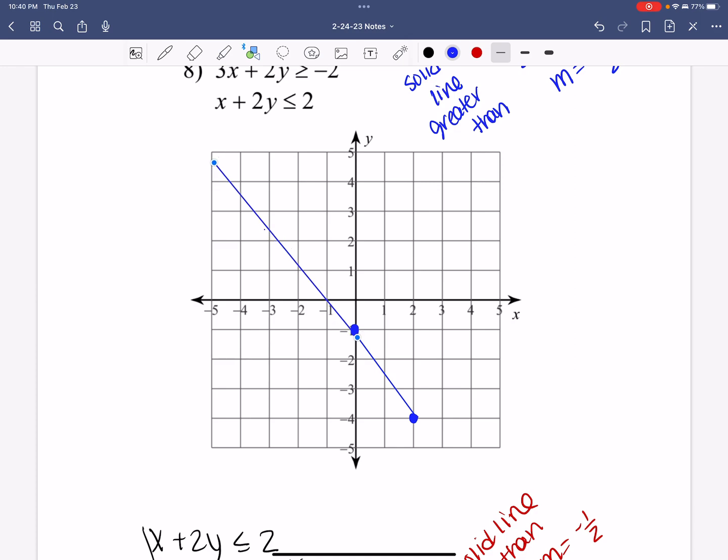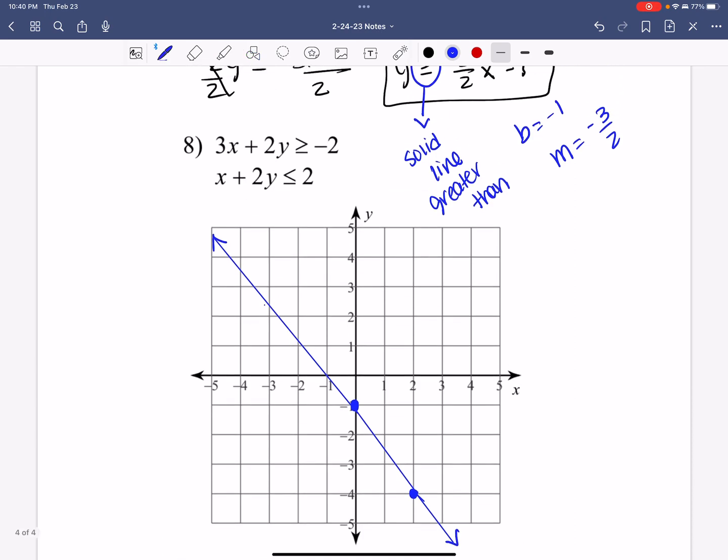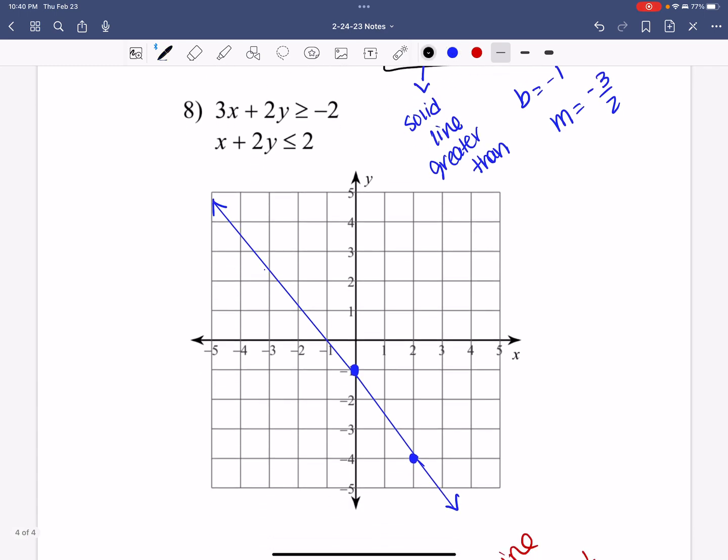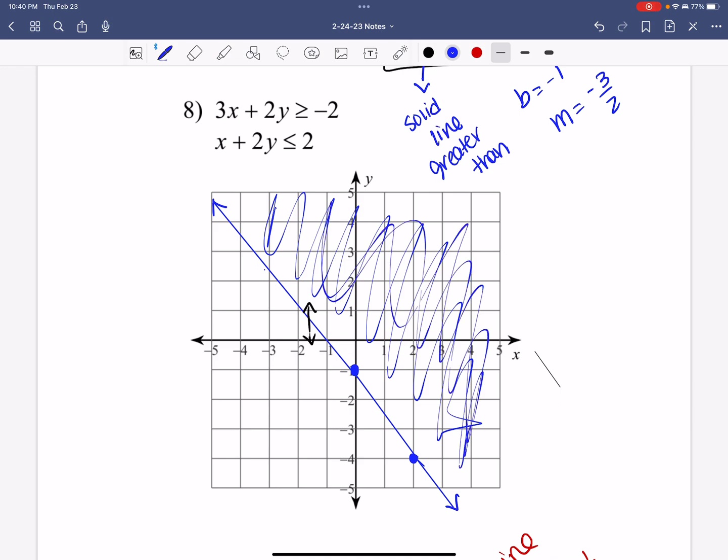Okay, and then draw my line. Y'all get the idea. Okay, so right here, okay? So solid line, it's going to be greater than. So let me go ahead and just draw this arrow right here. And it should be going above. So it's going to be right here, all of this.